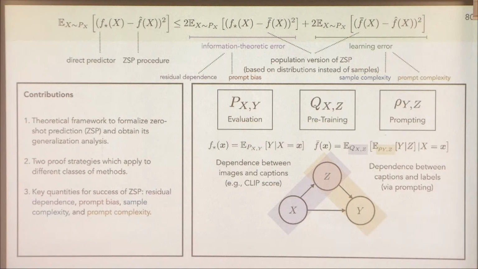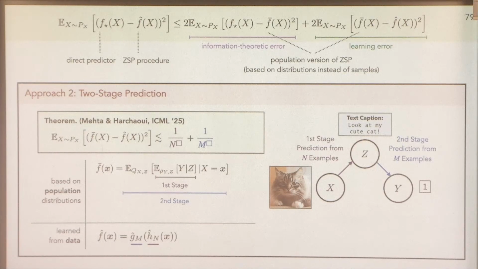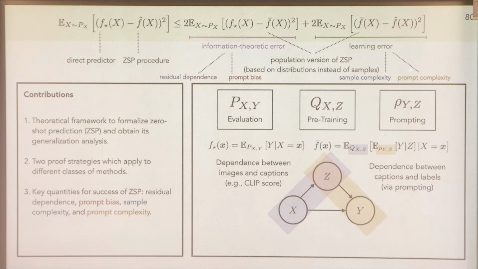So in this term, there is a term called the prompt complexity, and that relates to Rxy. And Rxy is better captured if you use the conditional distribution of y given x, right?